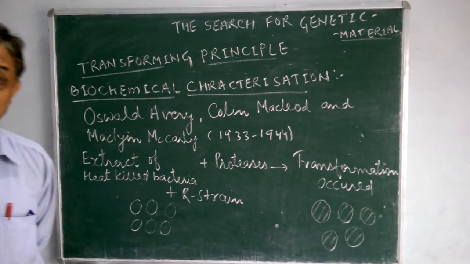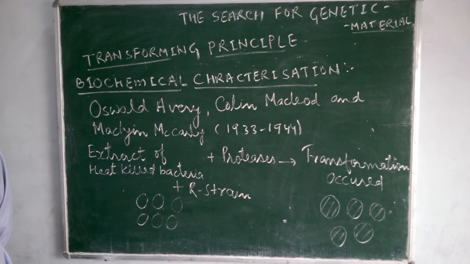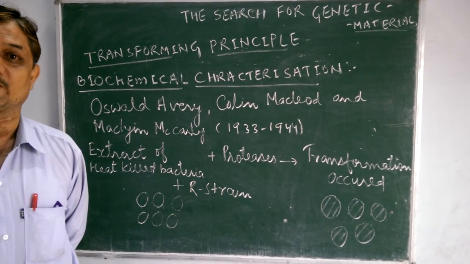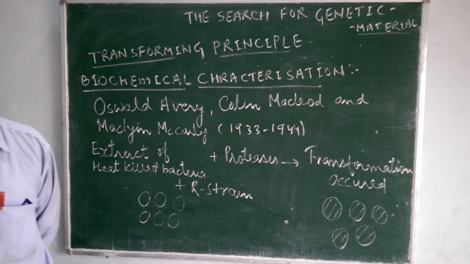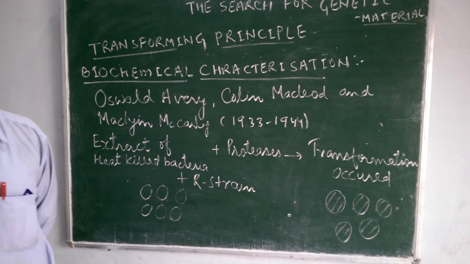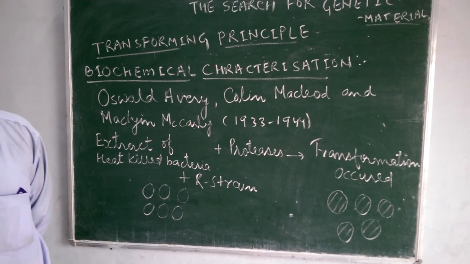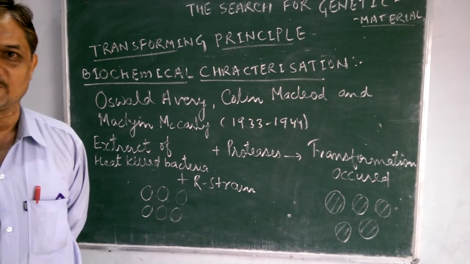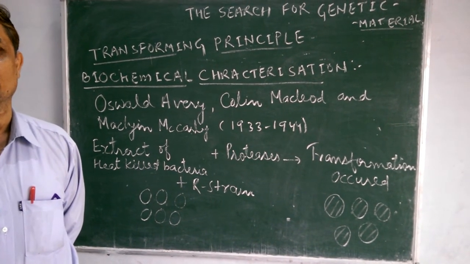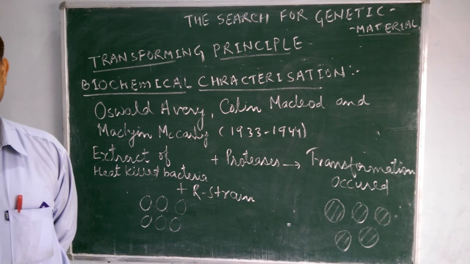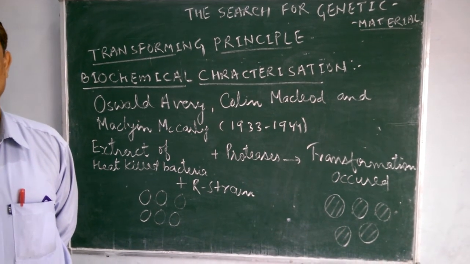Now let us discuss the biochemical nature of the transforming principle. Though Griffith predicted that there is some transforming principle behind the conversion of R strain bacteria into S strain, he could not explain its biochemical nature.